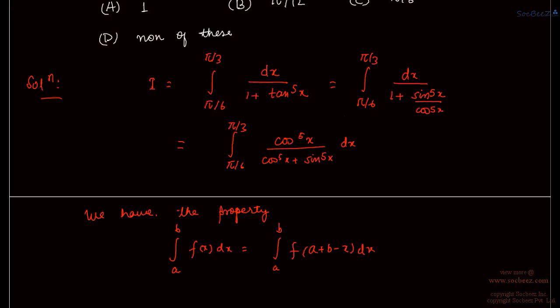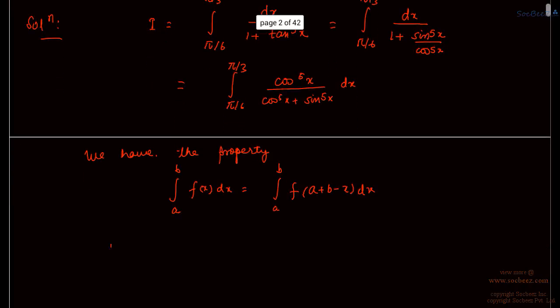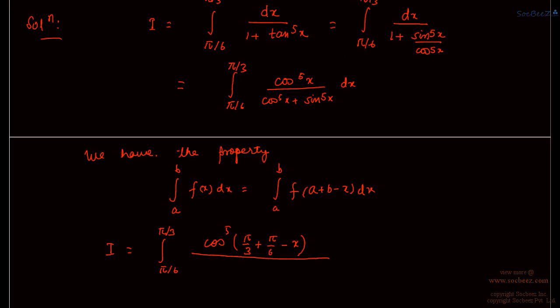So using this property we can write the integral I in the form: I is equal to the integral from pi upon 6 to pi upon 3 of cos, instead of x we can write pi upon 3 plus pi by 6 minus x, to the power 5, upon, similarly here also, pi by 3 plus pi by 6 minus x plus sine of pi by 3 plus pi by 6 minus x dx. Okay.